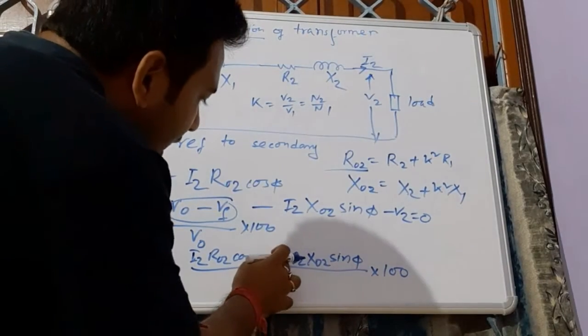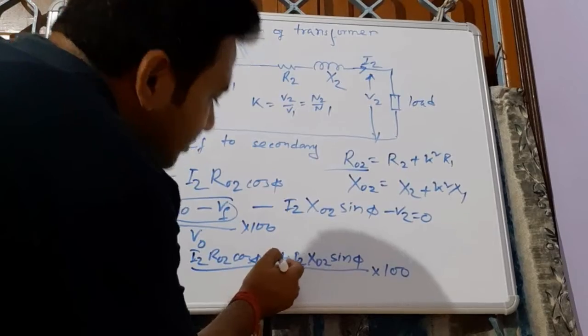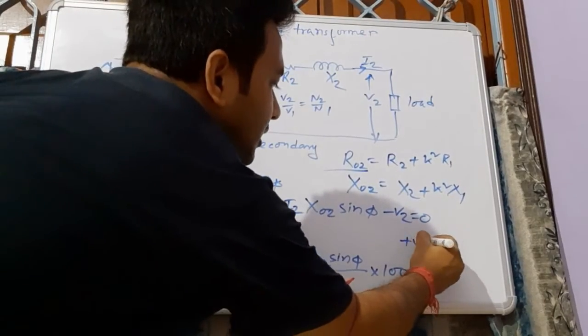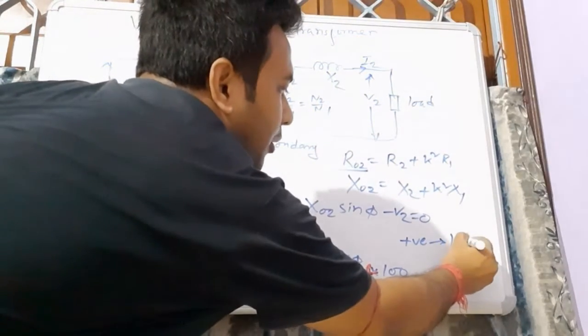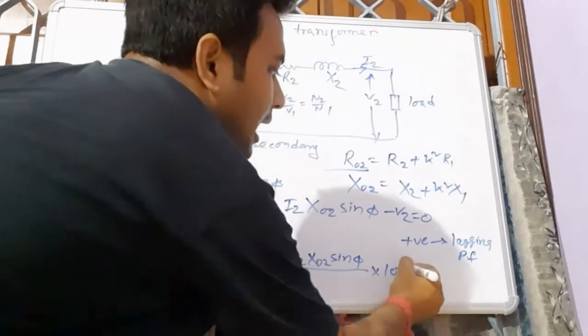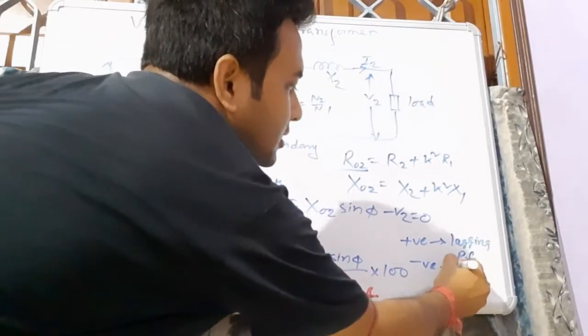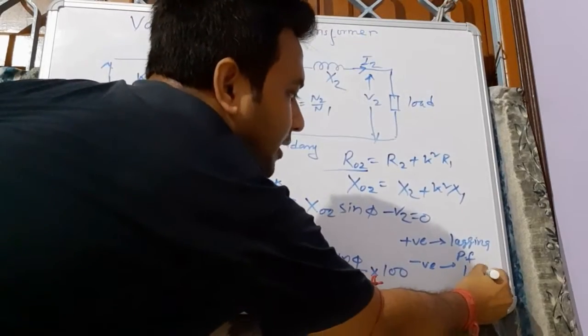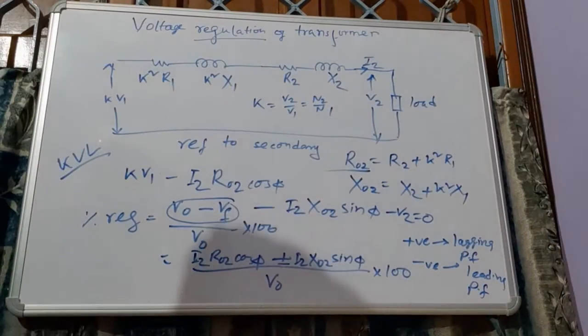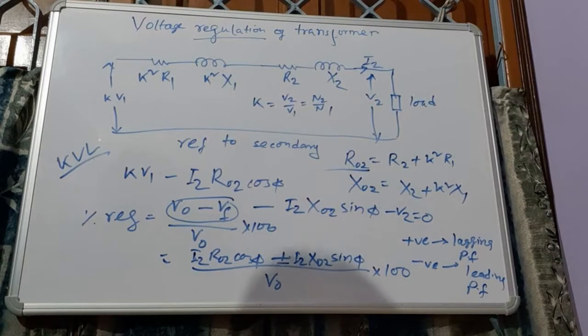Now I can also write plus minus, because the positive sign is for lagging power factor and the negative sign is for leading power factor. Okay, so this is the rule.